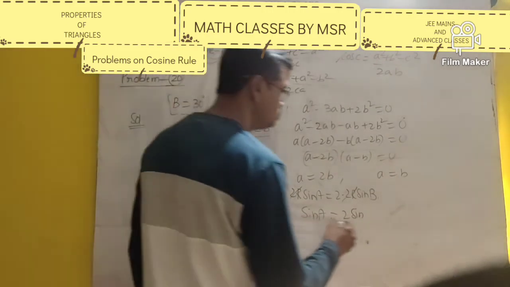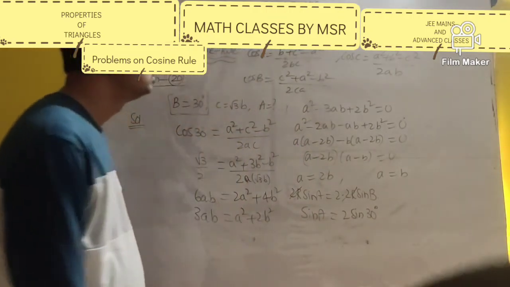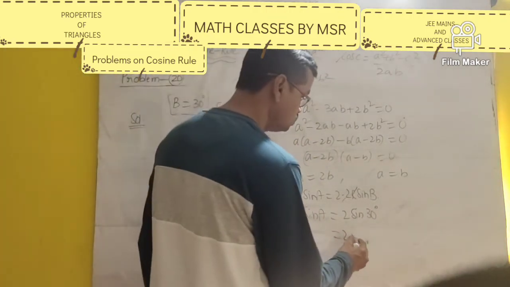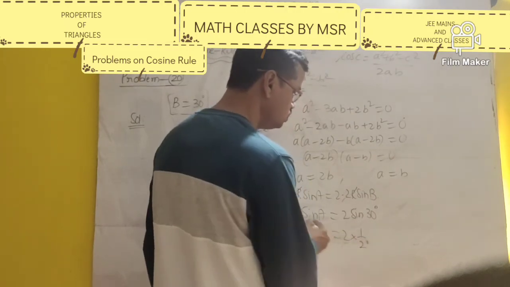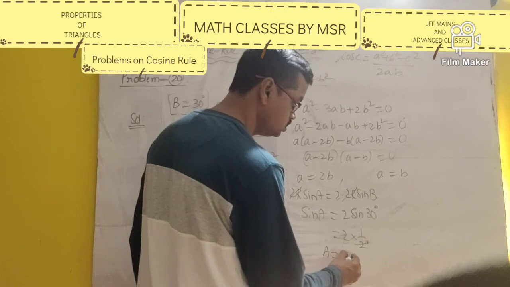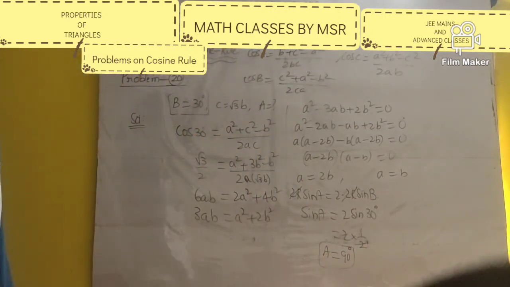That is 2 sine 30 degrees. That is 2 into sine 30, which is 1 by 2. Sine A is equal to 1. A is equal to 90 degrees.